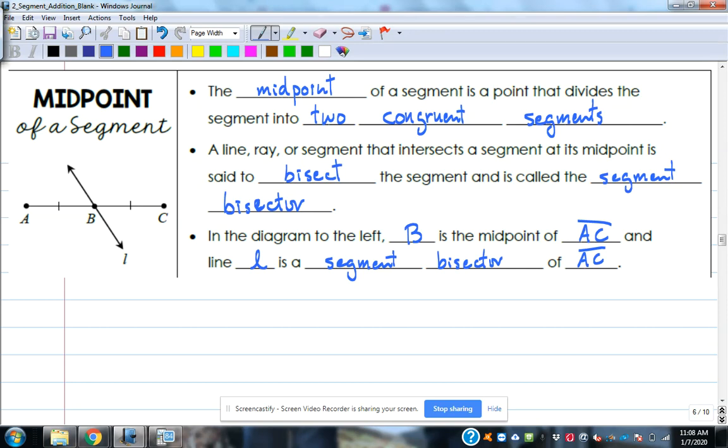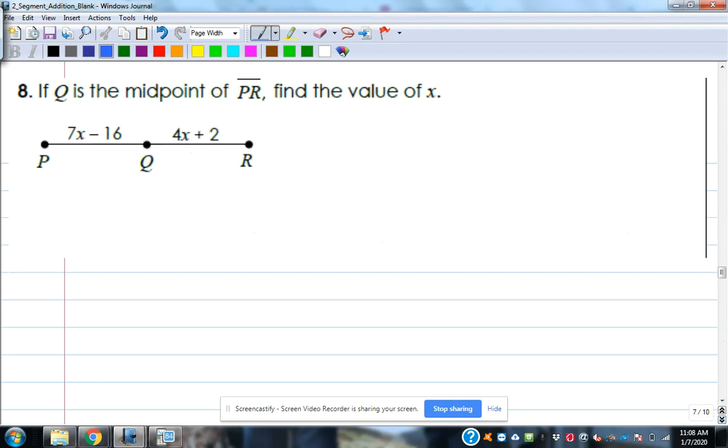So let's look at some problems and what we can do algebraically with geometry using this midpoint idea. If Q is the midpoint of PR, then find the value of x. If Q is the midpoint of PR, we know that PQ is what to QR? Congruent.